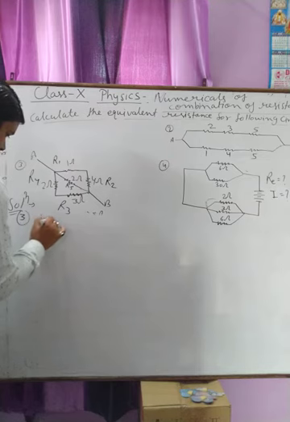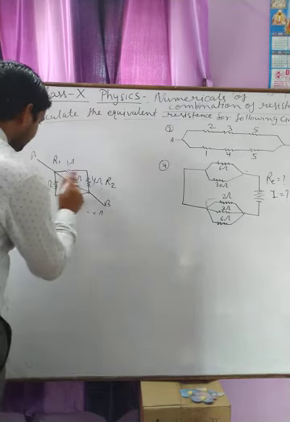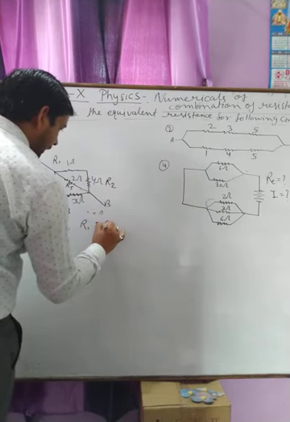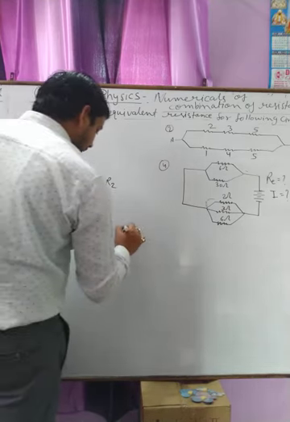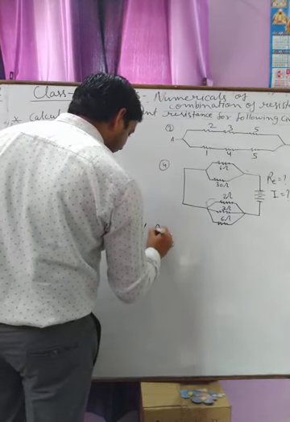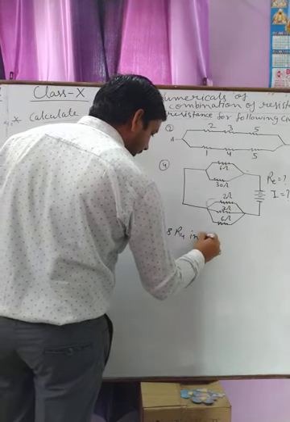In the figure, R1 and R2, and R3 and R4 are in series.